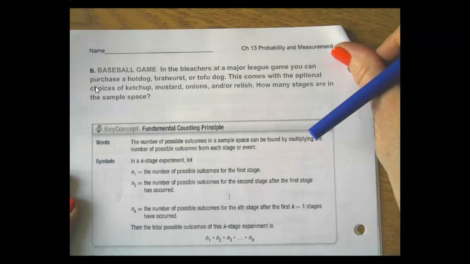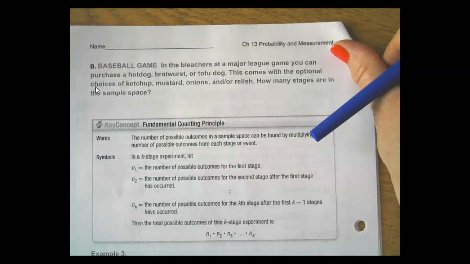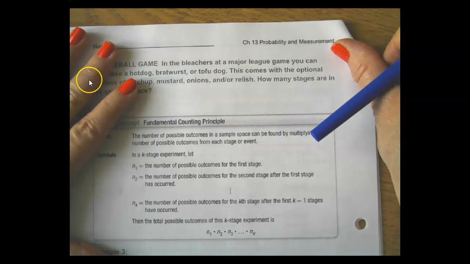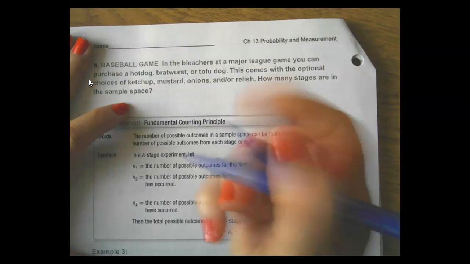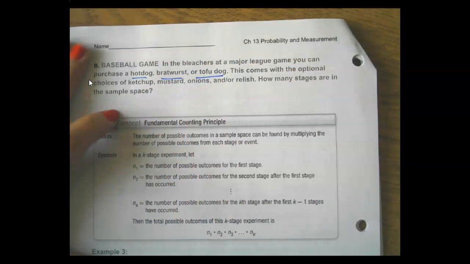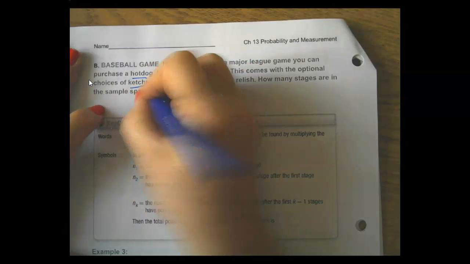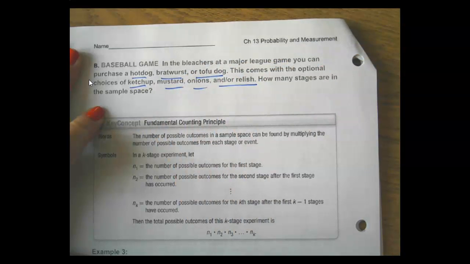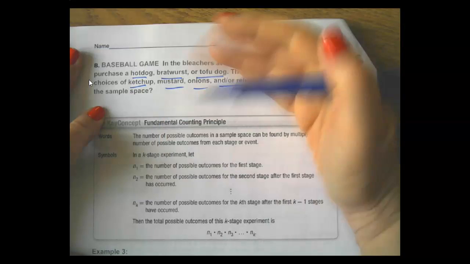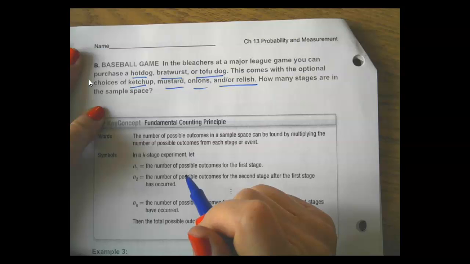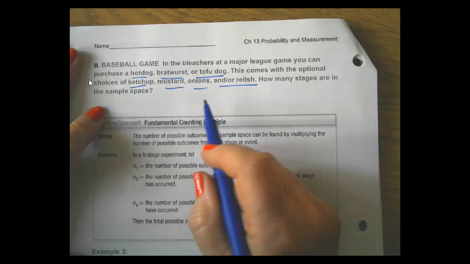All right, baseball game in the bleachers at a major league game. You purchase a hot dog. You can purchase a hot dog, a brat, or tofu dog. This comes in the optional choices of ketchup, mustard, onions, and relish. How many stages? So that was how many different things do we have? How many options? You can purchase a hot dog. That's one option.